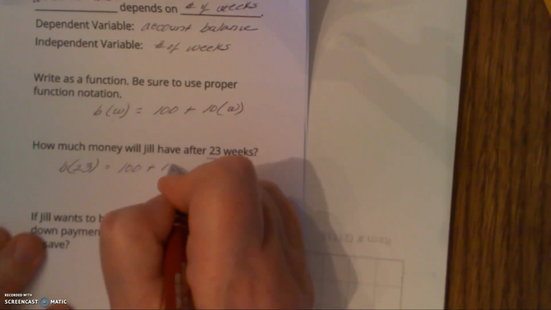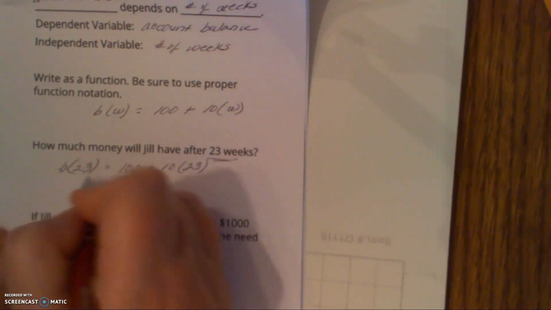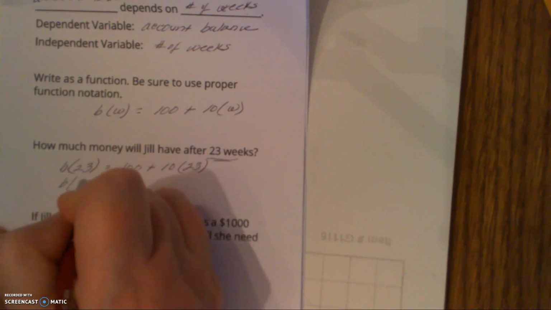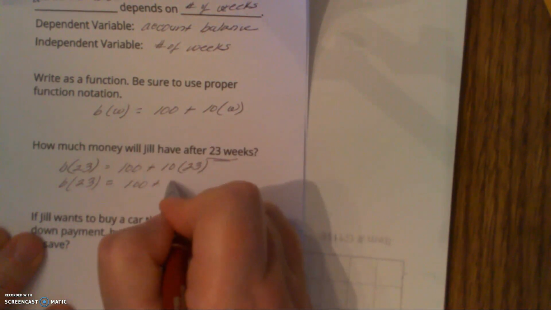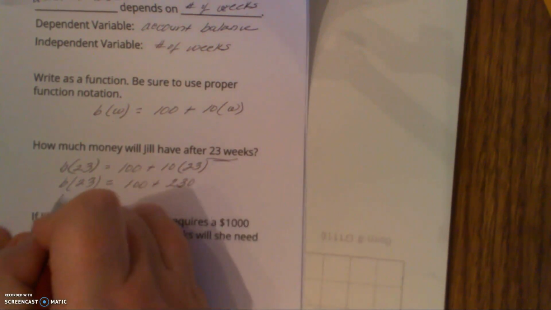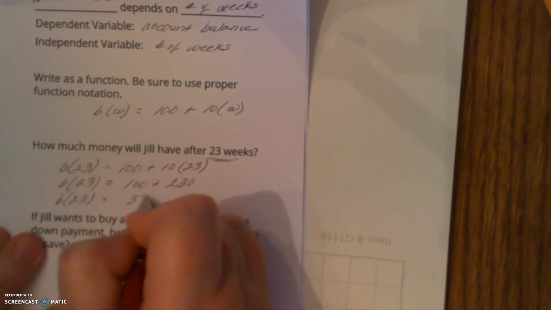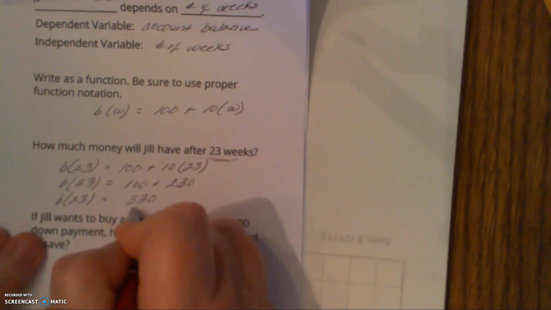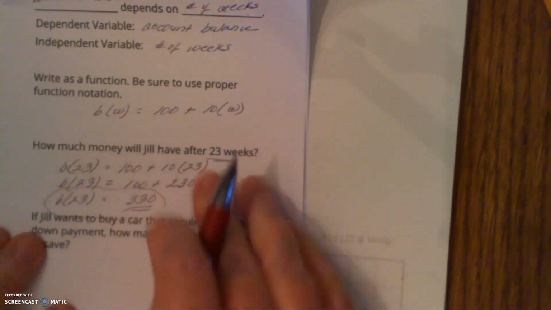Wherever the W was, we put in 23. So B of 23 equals 100 plus 10 times 23. 10 times 23 is 230, and so the total would be 330. So now we have the numerical answer.